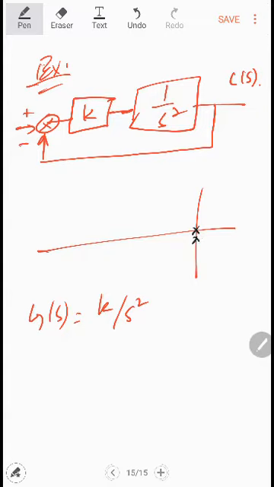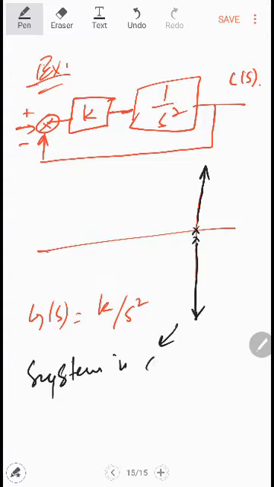Now if you increase the value of k, the root locus will move like this. And if it moves like this, we say that the root locus is along the imaginary axis, and the system is oscillatory in nature. So in this case the system is marginally stable and oscillatory in nature.